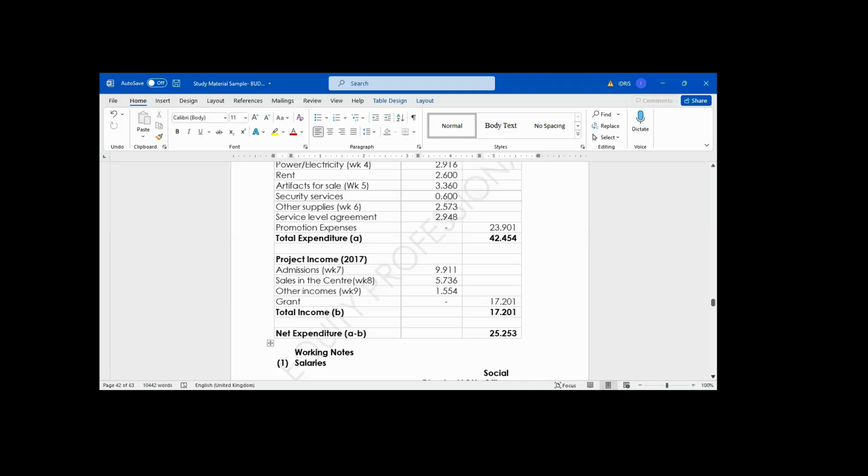So what is the total expenditure? 42.454. What is the total income? 17.201. So we can see the difference between the expenditure and income. It's called net expenditure. Assuming the income is more than the expenditure, we will have net income.